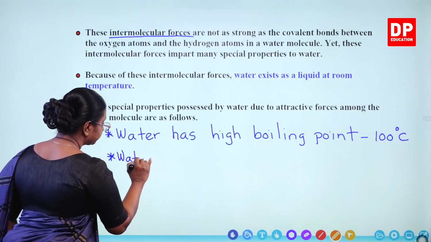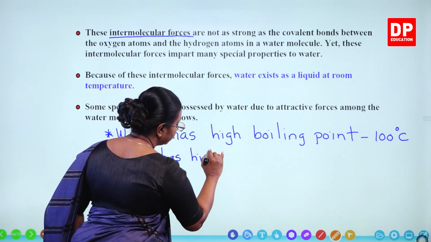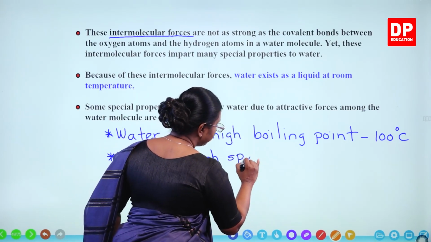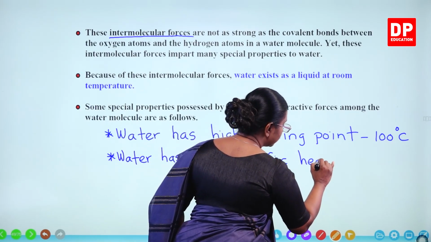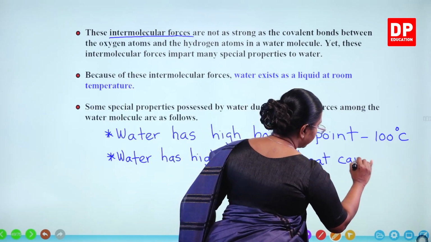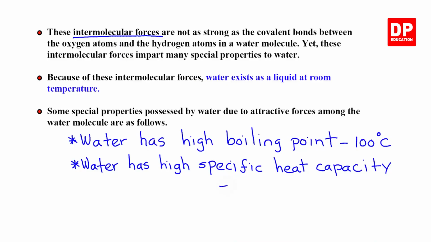Water has high specific heat capacity. We have discussed the value also, 4200 joules per kilogram per Kelvin, or it can be given as 4200, the same thing.